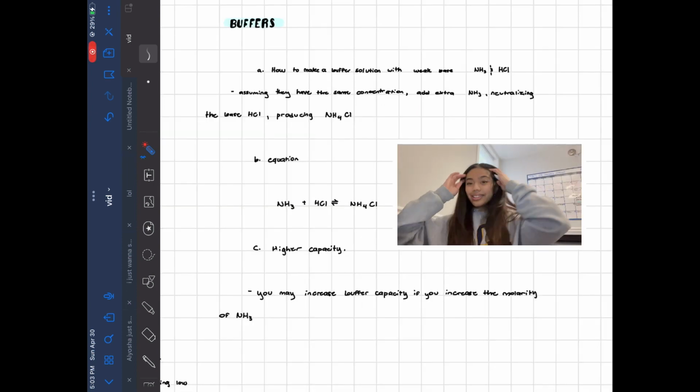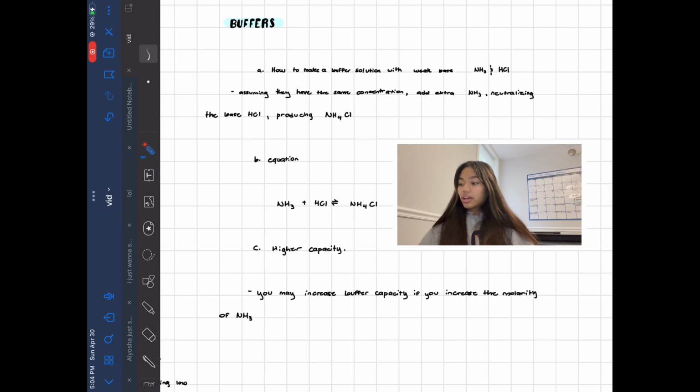All right, our last question brings us to our buffers, and we are asked how we could make a buffer solution if we only had the weak base NH3 and the acid HCl. We must assume that they have the same concentration unless we are told otherwise. So if we add an extra NH3, it would neutralize all the HCl.